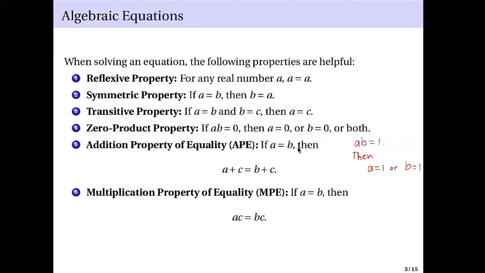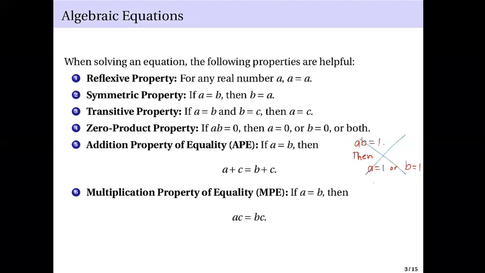Take note, if AB equals 0, then the only possibilities are A equals 0 or B equals 0 or both of them are 0. If the right-hand side is not equal to 0, say AB equals 1, then there are infinitely many pairs that will satisfy this equation. So do not do this. Why?